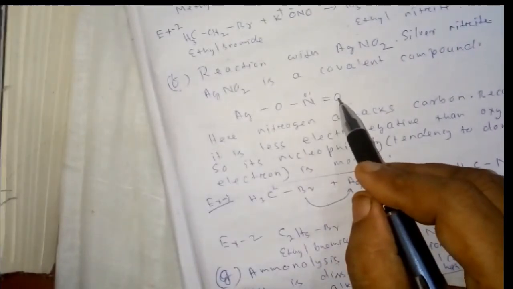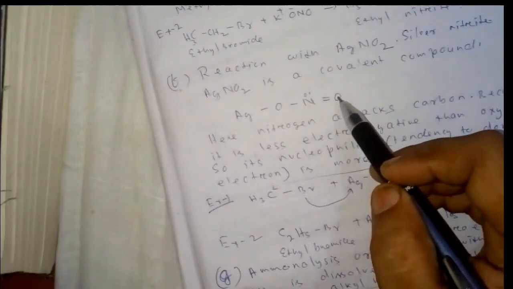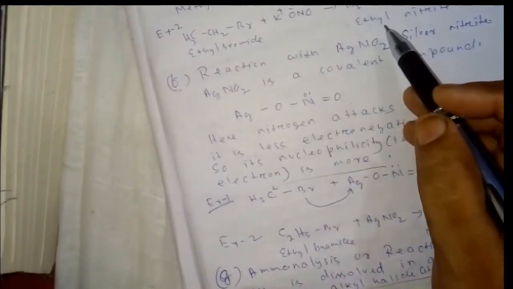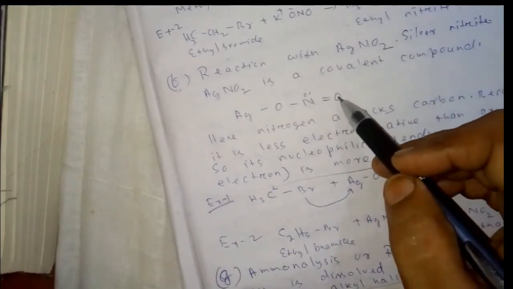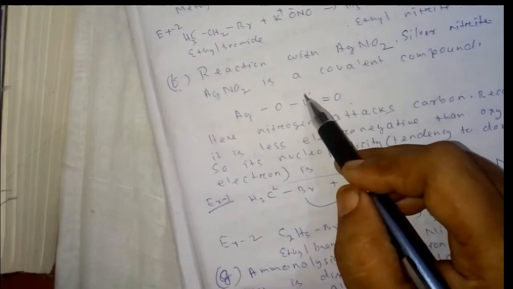Oxygen is more electronegative than nitrogen. What do we mean by electronegative? The tendency to attract the shared pair of electrons more towards itself. So as it attracts electrons more towards itself, it has less tendency to donate electrons. Nitrogen is less electronegative, meaning it has more tendency to donate the lone pair.